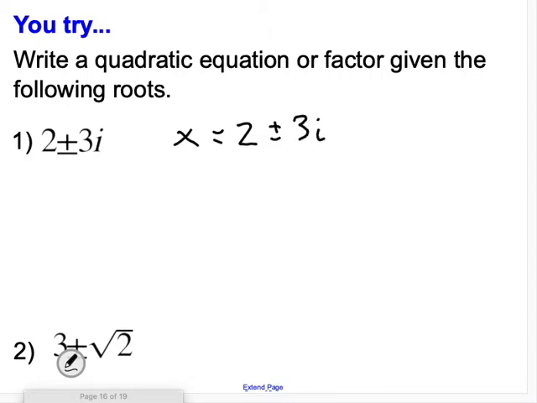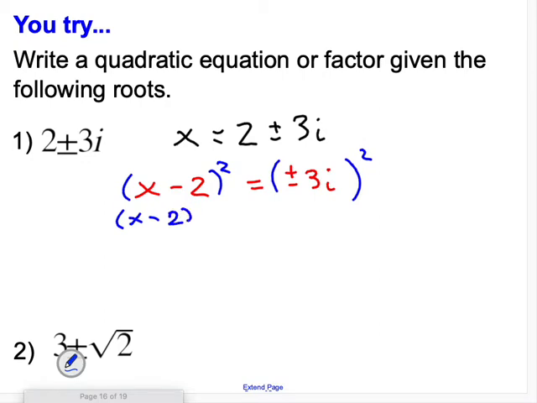Right, so again, we're going to move that constant to the other side. So we have x minus 2 equals plus or minus 3i here. We're going to square both sides. Don't forget when you're squaring this, it's x minus 2 times x minus 2, okay?